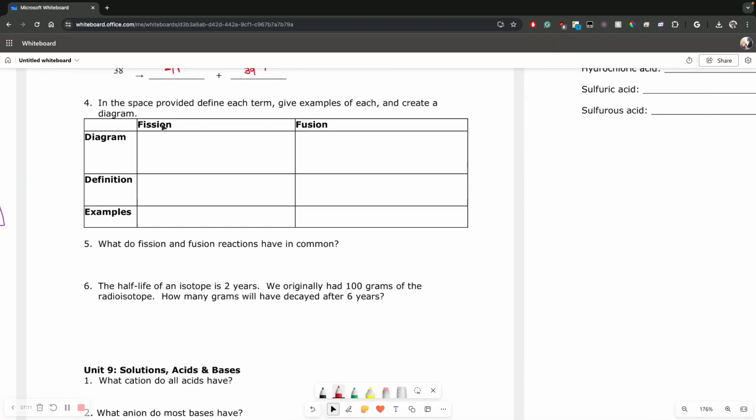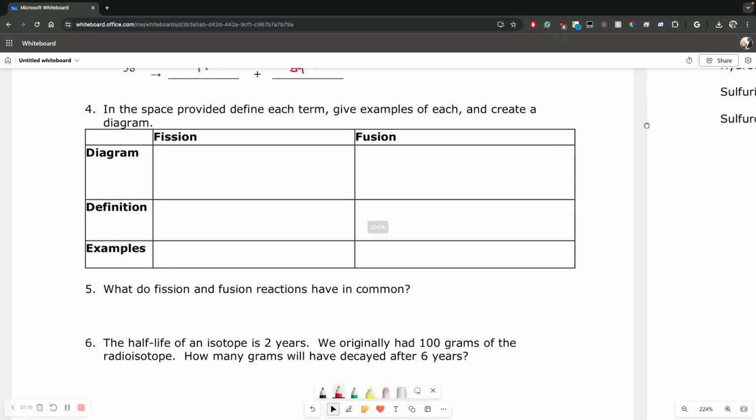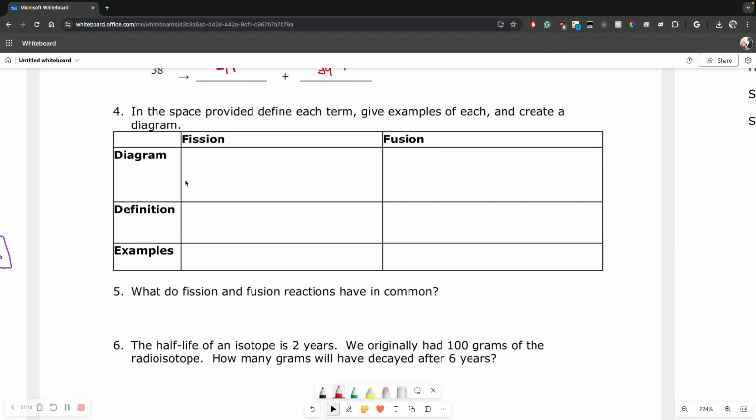Alright, moving on to question 4. In the space provided, define each term, give examples, and create a diagram. Alright, so we have fission versus fusion, right? So the easiest way to remember these that I found was, well, let's actually draw this first and then we'll talk about it. So fission is where you have, this is the stuff we can accomplish right now safely.